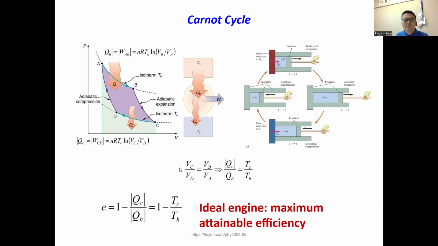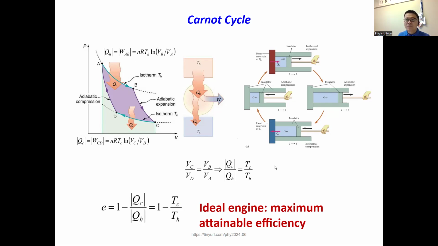So we'll just take the result from there. Then QC over QH is basically these divided by that, but the natural logarithm is the same here and there because the ratios VC over VD and VB over VA are the same, so those cancel out. So QC over QH is just determined by TC and TH. So E equals 1 minus QC over QH, which is equal to 1 minus TC over TH.